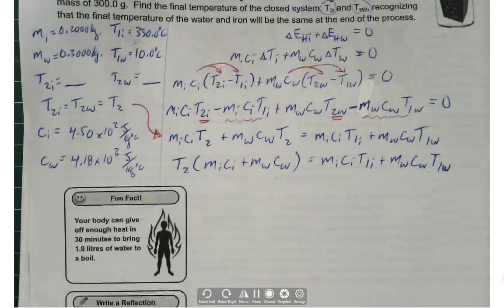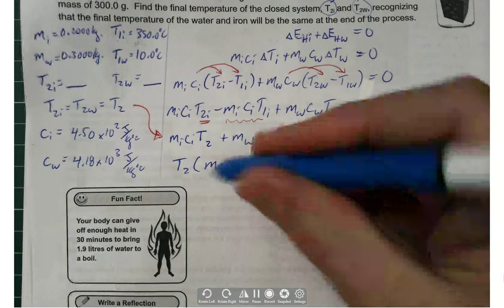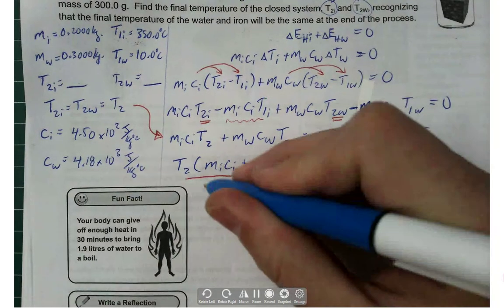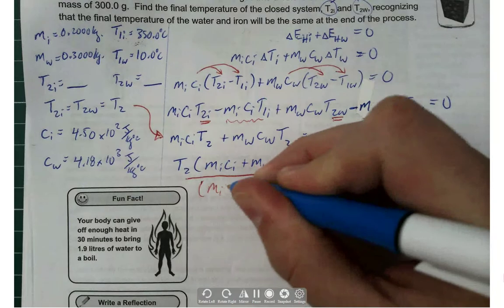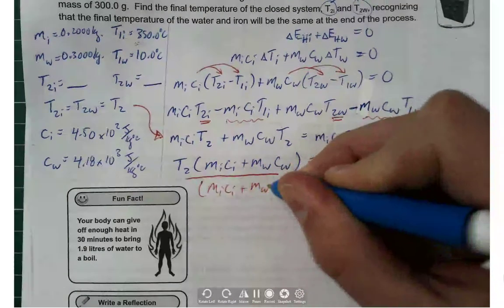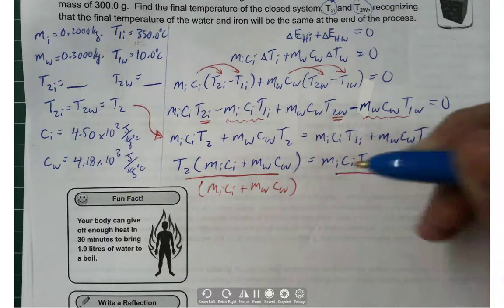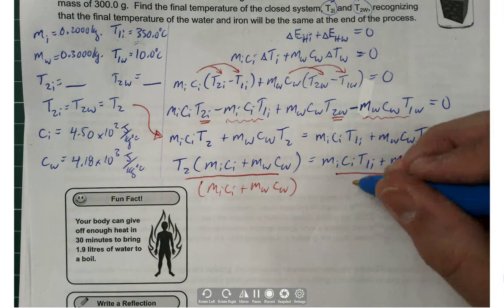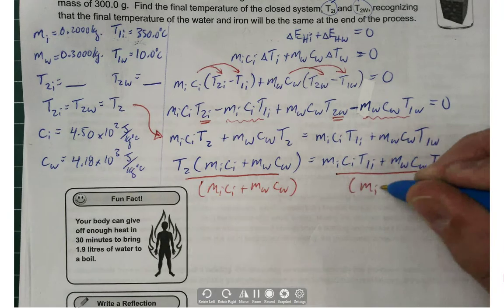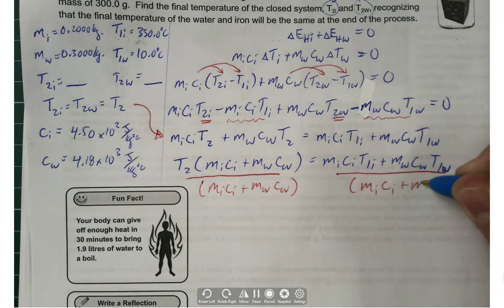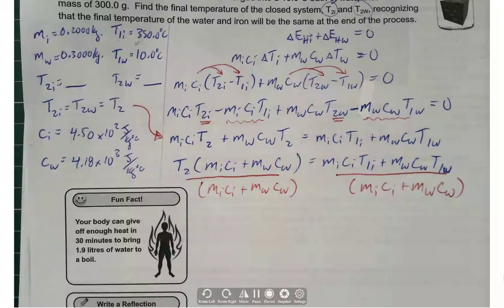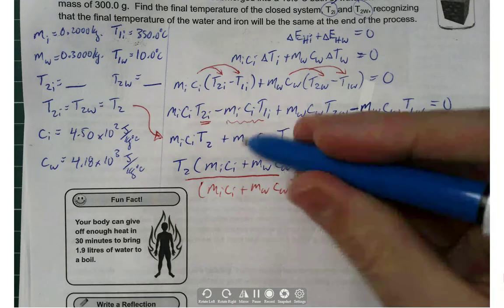So I'm going to show my work. What I would do is divide both sides by the same value, which in this case is MICI plus MWCW. Remember, you're allowed to divide by a binomial. That's fair game, right? So I get down to this expression. Oh yeah, I forgot to say, that binomial just canceled out.